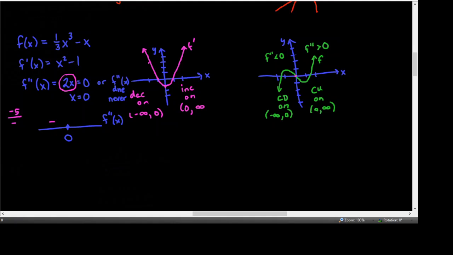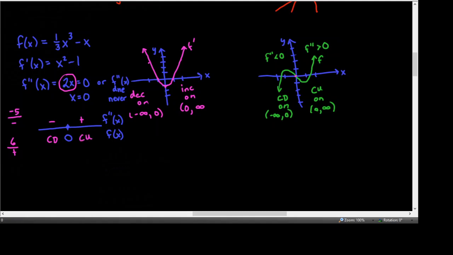And if I put in something to the right of 0, like 6, 2 times 6 is 12, a positive answer, so I'll put a positive here. What that tells me about the function is, if the second derivative is negative, we'll write concave downward, and if it's positive, we'll write concave upward.